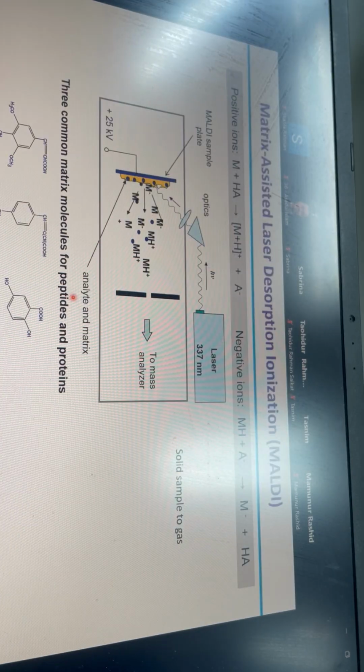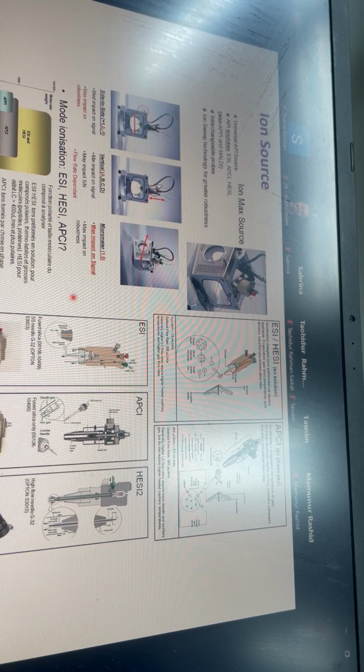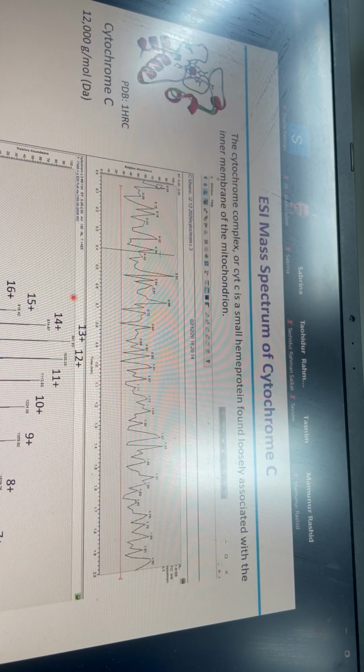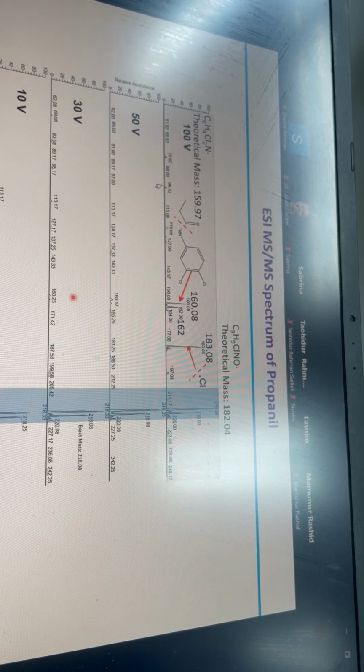Proteomics can be done by ESI and MALDI, but mostly we use ESI. But if I just started discussing ESI, you would not have a strong foundation. You would have a building of ESI, but without a foundation.